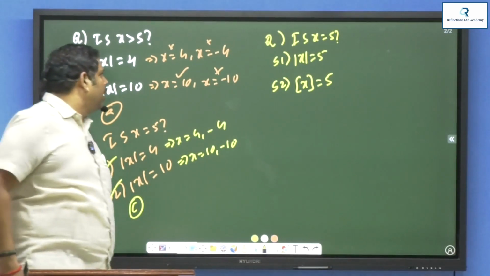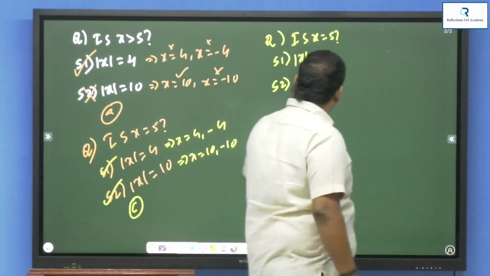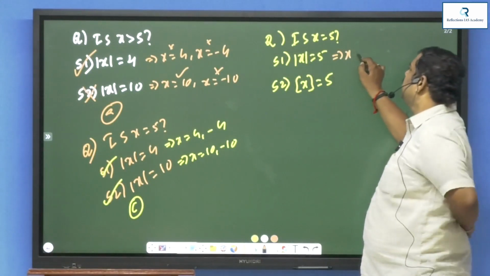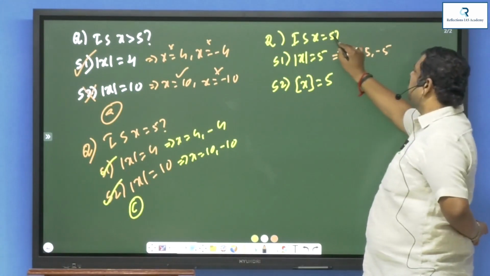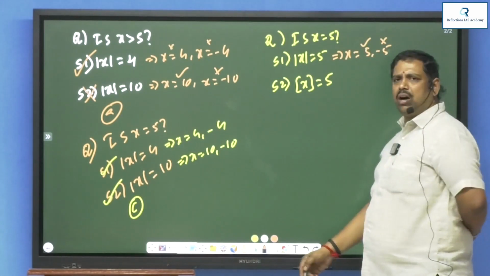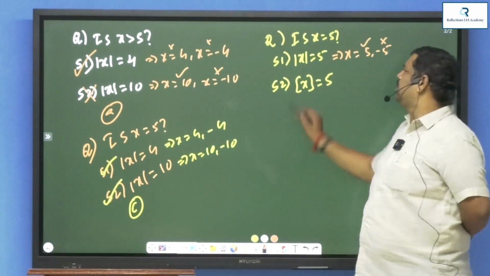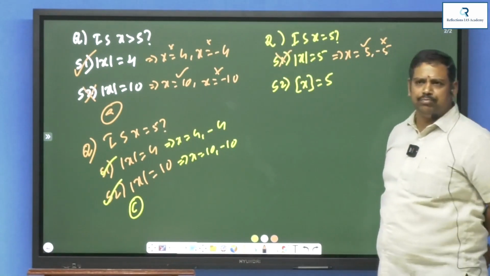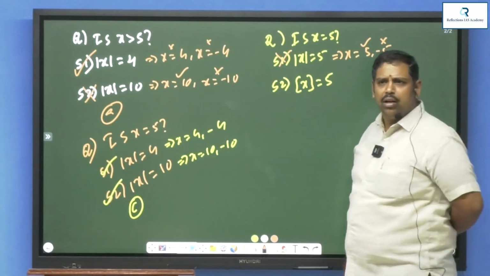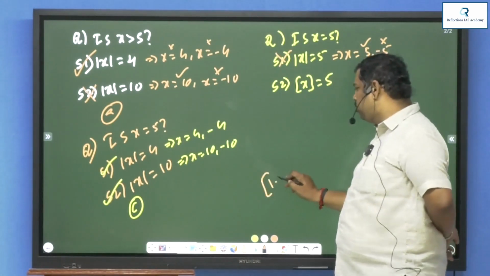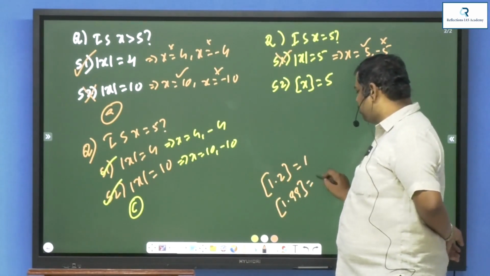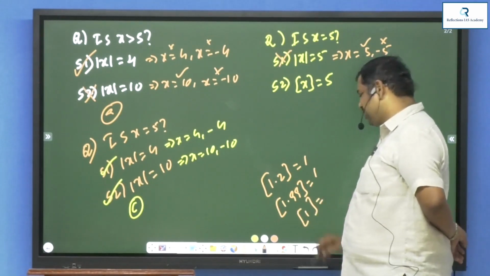Coming to mod x is equal to 5. What is the value of x here? Either 5 or minus 5. If it is 5, this is correct, yes or no? If it is minus 5, is that correct or wrong? Are you able to come to a unique answer? Unable, so definitely S1 alone is not sufficient. Go with S2. What is the step function I said, upper boundary or lower boundary? So step 1.2 gives what? Step 1.999 gives what? Super. What about step 1? 1 only.